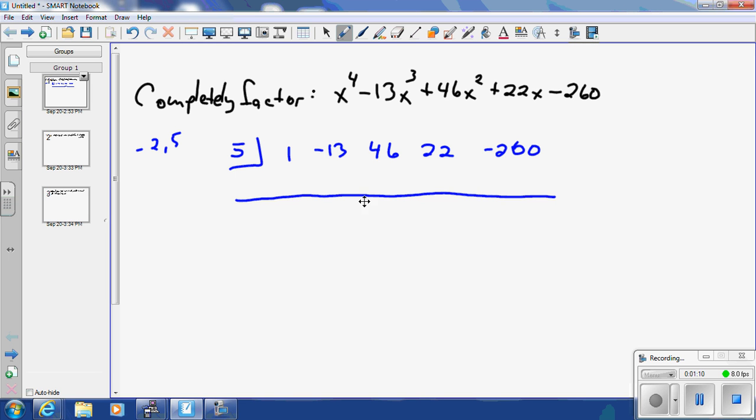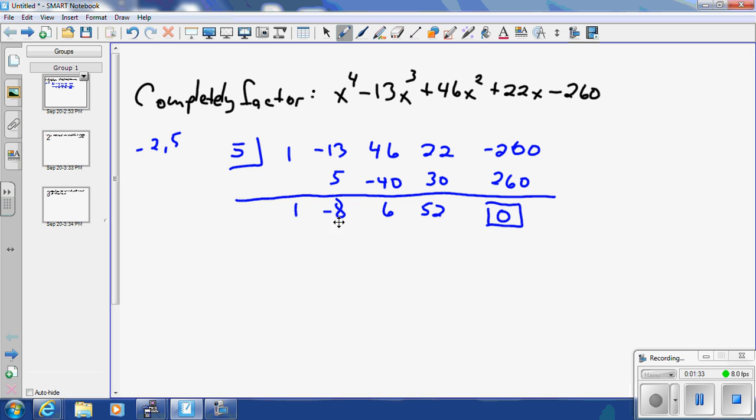That's a 260 up there. So we begin the process, multiply, add, etc. 5 times 6 is 30, makes 52, and 52 times the 5 is exactly 260, which gives us what we had hoped for, remainder of 0.